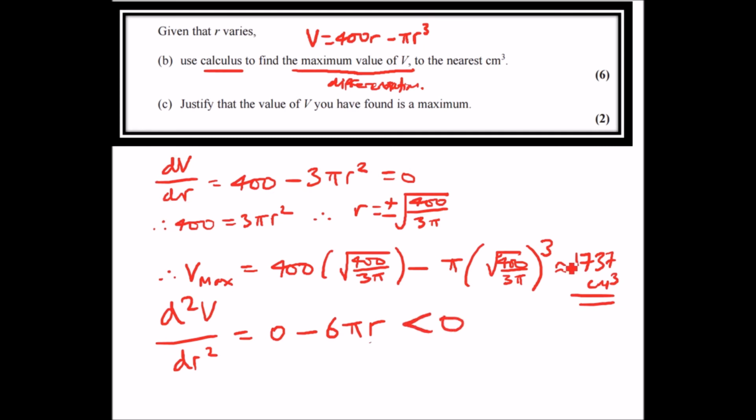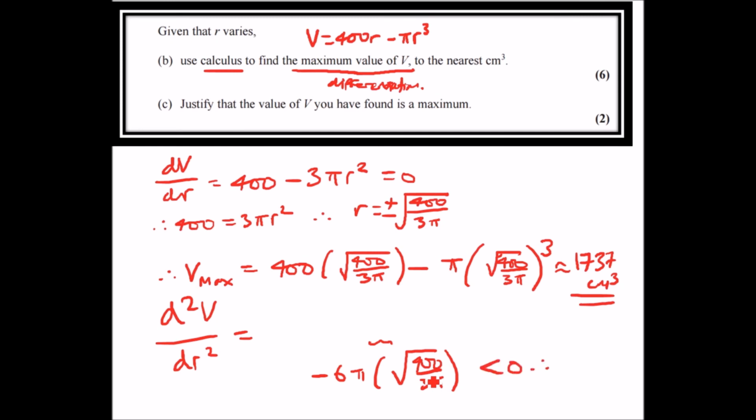To be negative, this r value needs to be positive. So we have minus 6 pi times the square root of 400 over 3 pi, and this is guaranteed to be negative. You can test it, but it's definitely negative. And that's it, guys. This justifies the maximum.